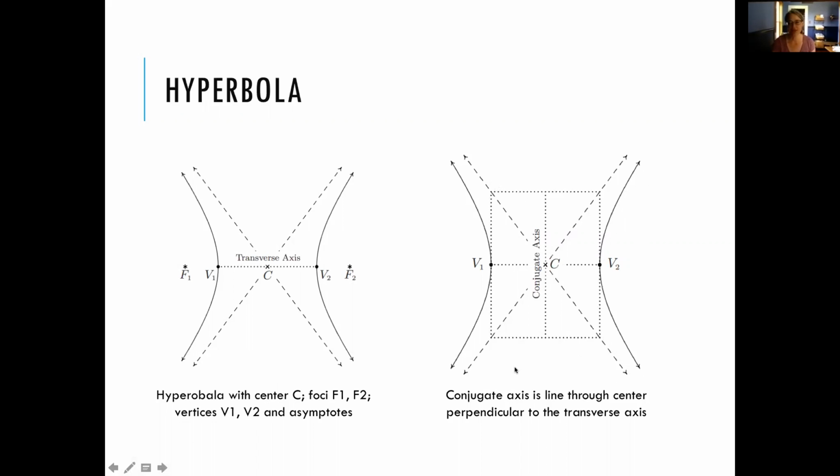So each of these branches will have an asymptote, and that asymptote will go through the center and these two corner points. And the other asymptote will also go through the center and the other two corner points of that rectangle. The thing to notice about those corner points is that they are vertically aligned with the vertex on either side. So that's how we locate our corner points.